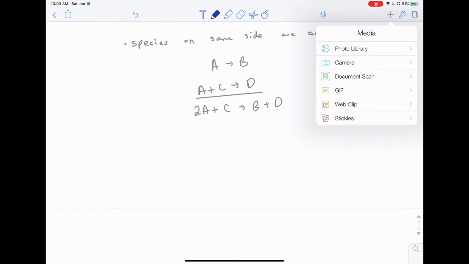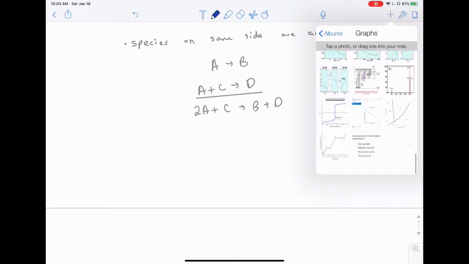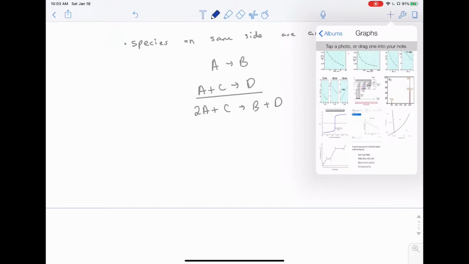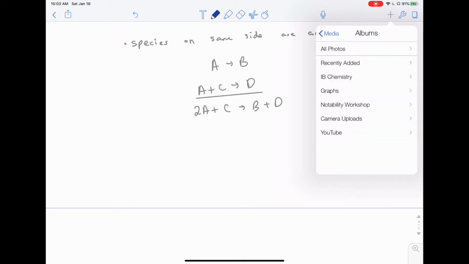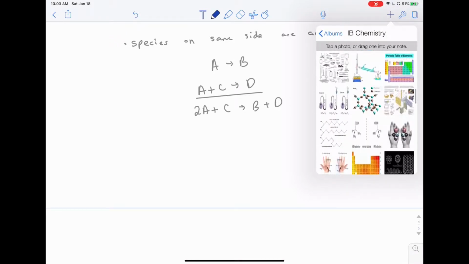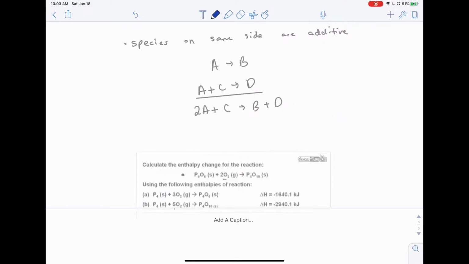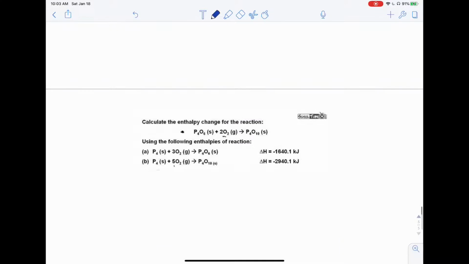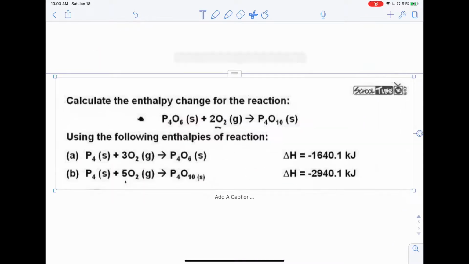Let me pull one of these up really quickly. Okay. Yeah, I will. I was trying to tap on it.